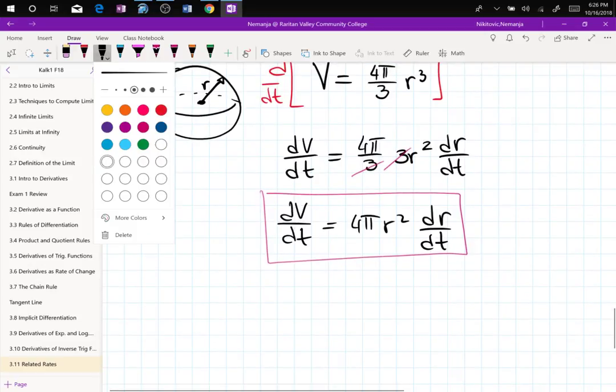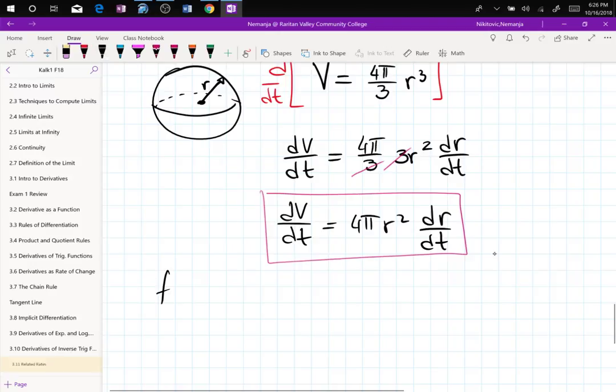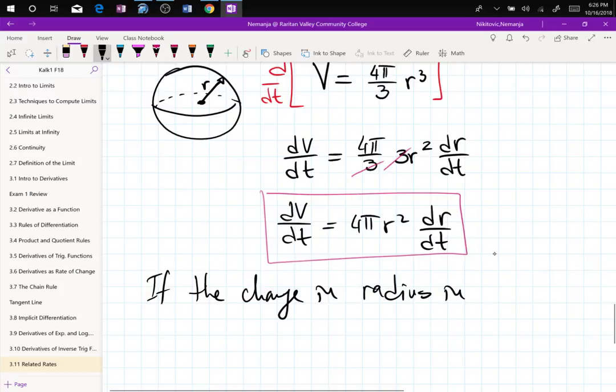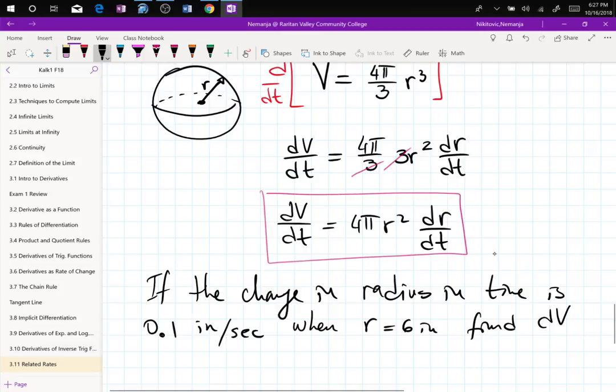So now we say, if the change in radius in time is, let's say, 0.1 inch per second, when the radius is 6 inches, find the change in volume. Find the rate of change of volume.